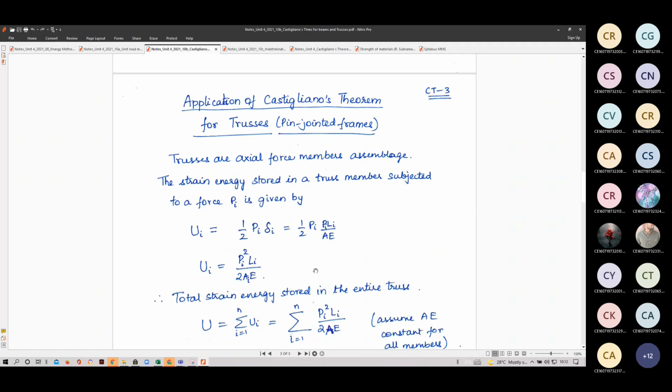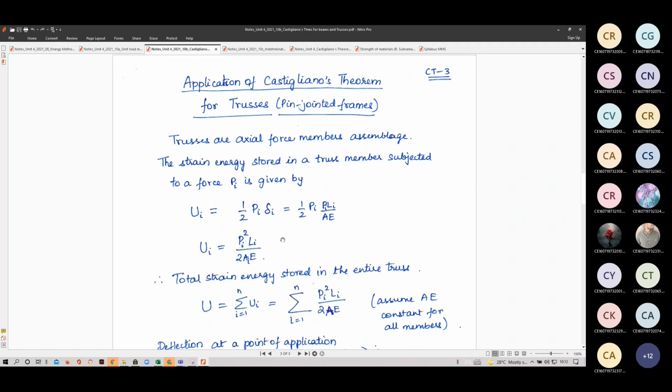So the same thing we will do now here. The strain energy stored in a truss member subjected to a force is given by half P delta, and delta is PL by AE. So we get P square L by 2AE. Now I'm writing this with i because it is the ith member of the truss.